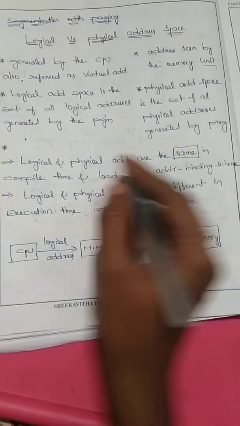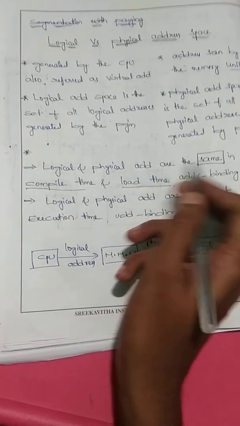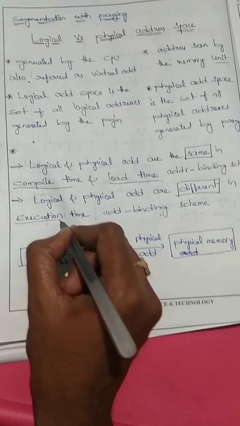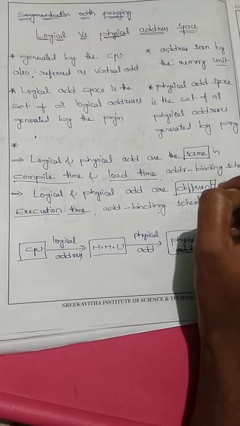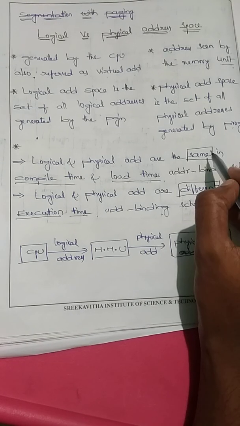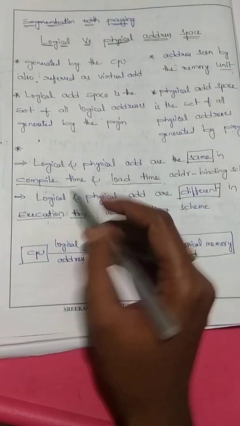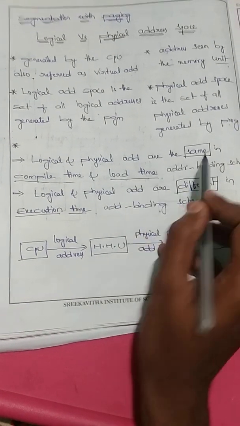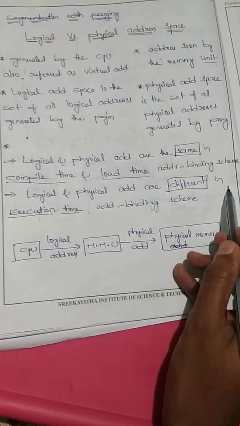So in the case of compilation time and load time, both addresses are the same, but in the case of execution time, both addresses are different. So these are the two important points you have to remember. At compile time and load time, both addresses are the same, but at execution time, both are different.